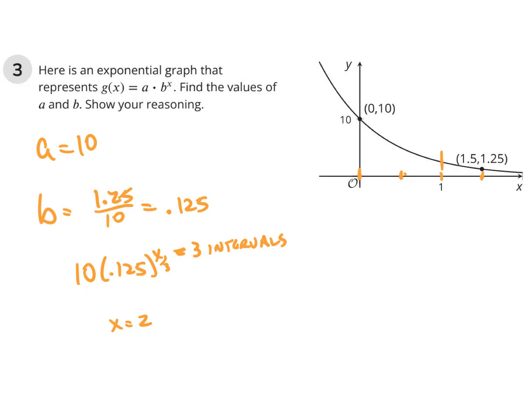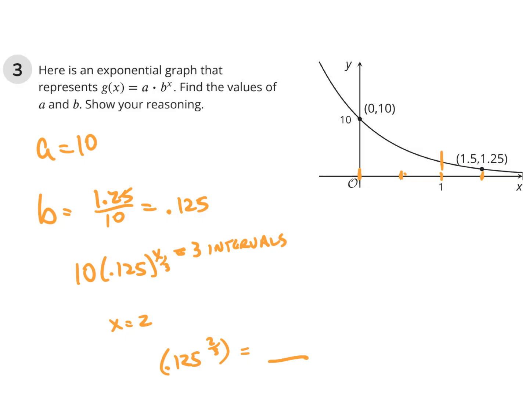That's probably the easiest way to do it. Or we could just take 0.125, raise it to the 2 out of 3 jumps, get this number, and then this is our B. Do whatever way you want to do it, whatever way makes you feel fine, but it should come out very, very close.